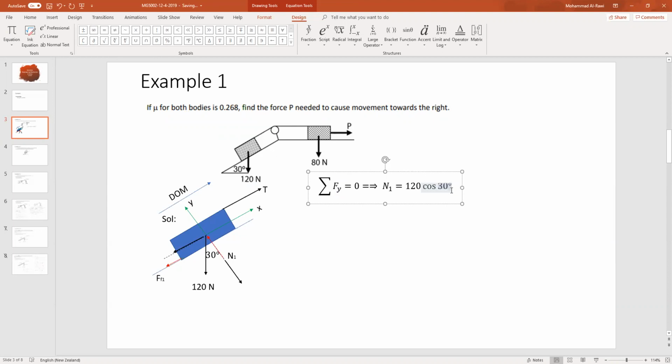If you use your calculator, this will lead you to the value. So N1 equals, if you have your calculation, can you tell me the value for N?